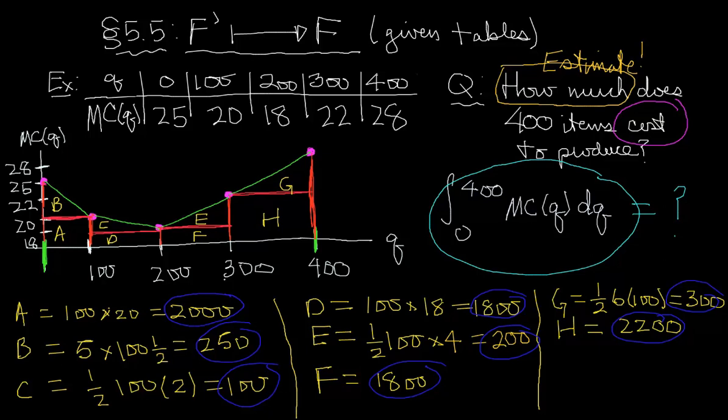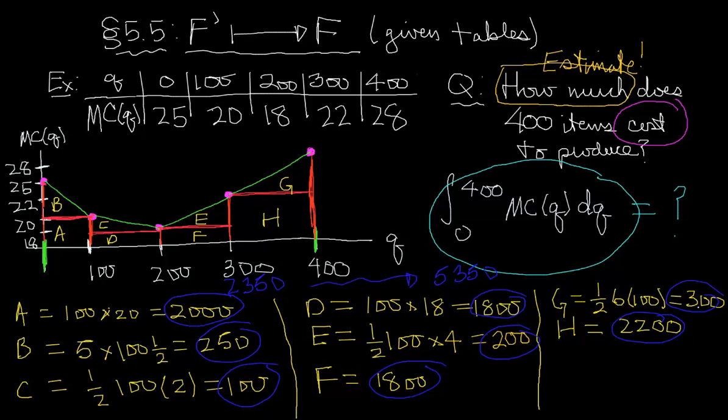Plus 1,800, that's going to be 4,150, plus 200, that's 4,350, plus 1,800, that's going to be 6,150.